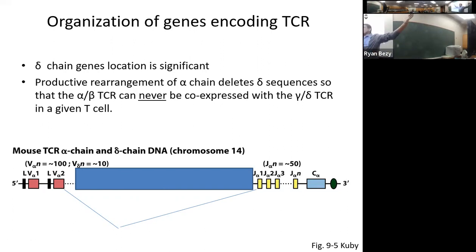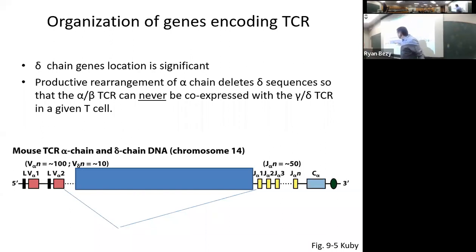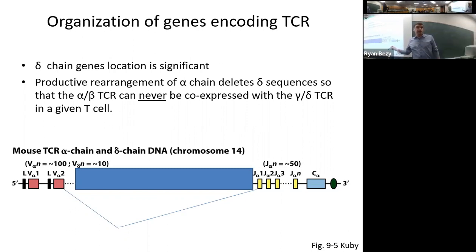Remember, when you do a gene rearrangement, it deletes any sequence in the middle. So if you have an alpha rearrangement, say alpha V segment A rearranges with a J segment, all of that intervening sequence, which is the delta sequence, gets deleted permanently out of the T cell.